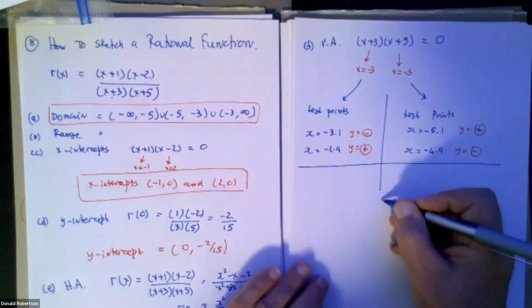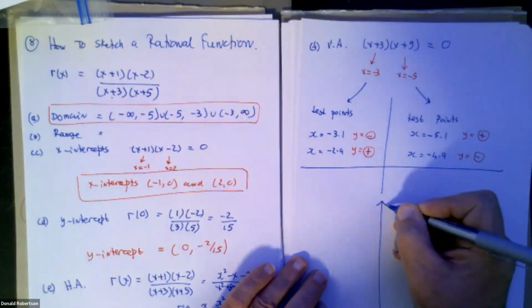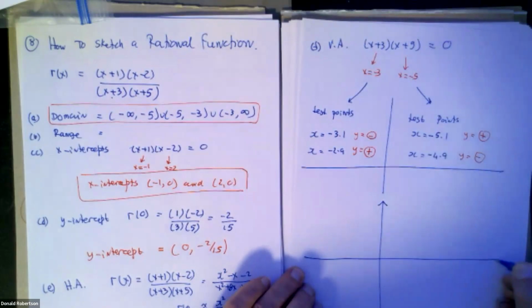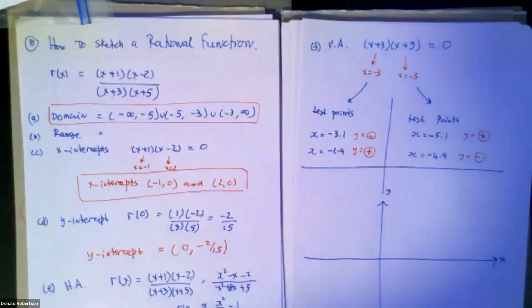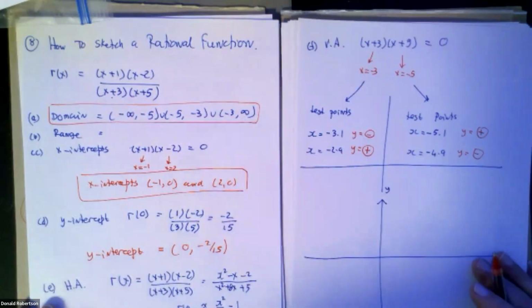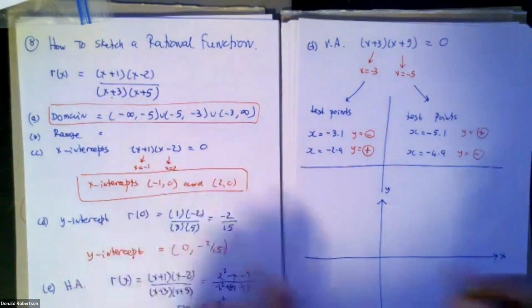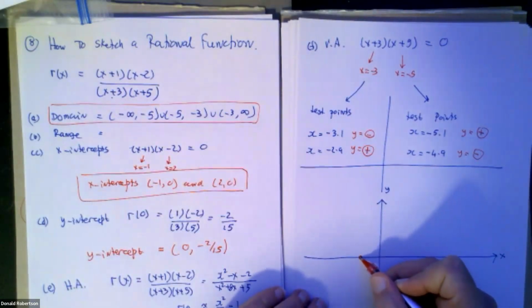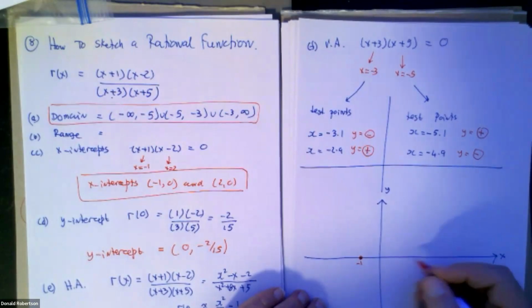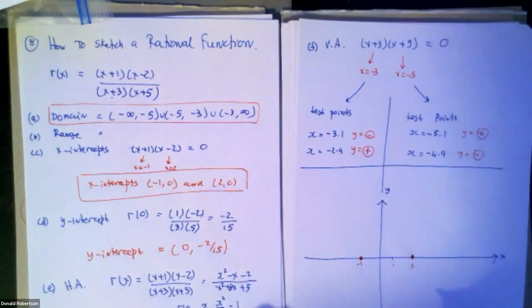And so let's start putting our information onto our grid. Well, I know that it has an x-intercept at -1, which I'll put here, and at 2, I'll put here.